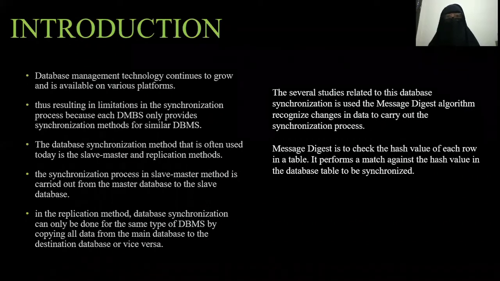They use the message algorithm to check the hash value of each row in the table, and then perform a match against the hash value in the database table for synchronization.